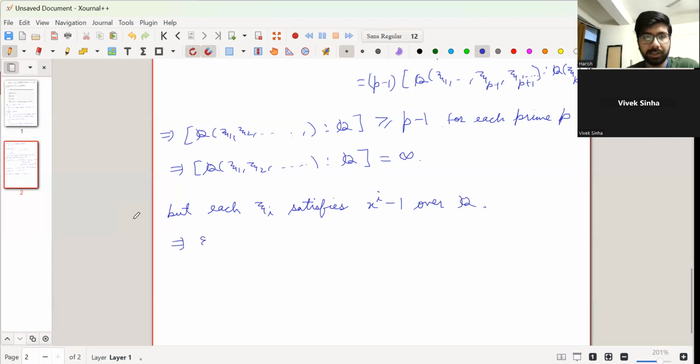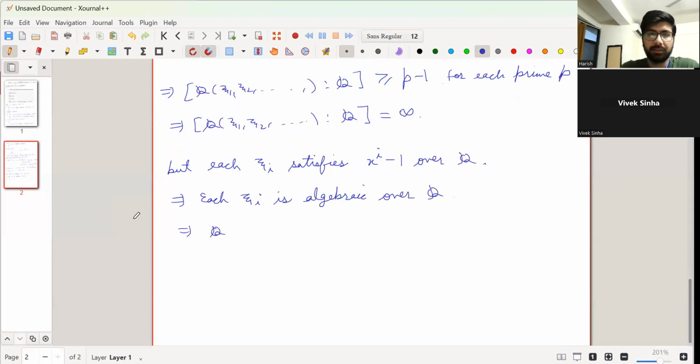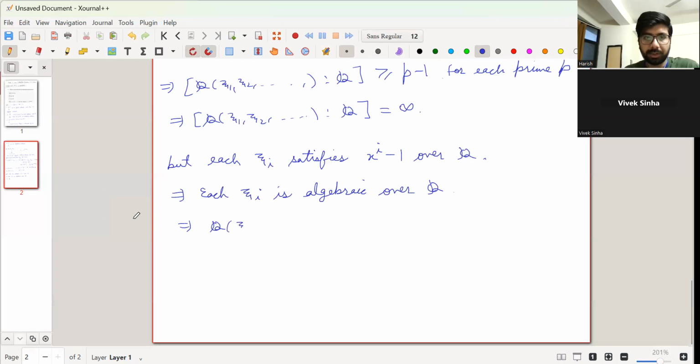Thus, this implies each zeta_i is algebraic over Q, and thus this extension is an algebraic extension, because this extension is the smallest extension containing these zeta_i and Q, and each element of Q is algebraic and each zeta_i is algebraic. So this extension is also an algebraic extension.